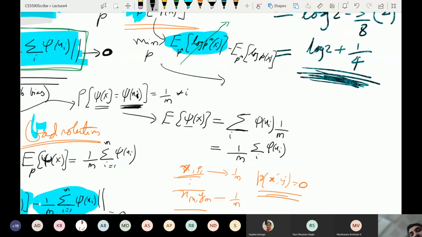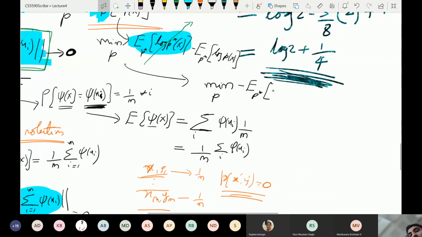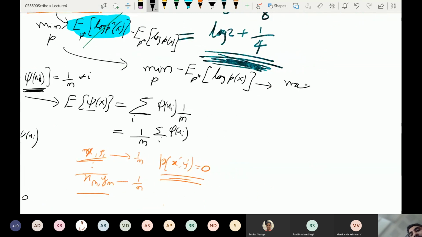So the problem which I have to actually solve is what? Minimize with respect to P the minus expectation, under P star, of log of P of X. But isn't this the same as maximizing the expectation?